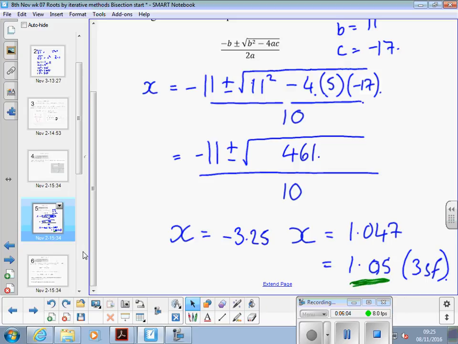So we've had a look at it with the quadratic formula. There's a way of knowing whether we're on the right track with the iterative method.